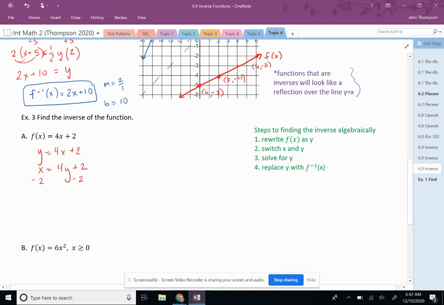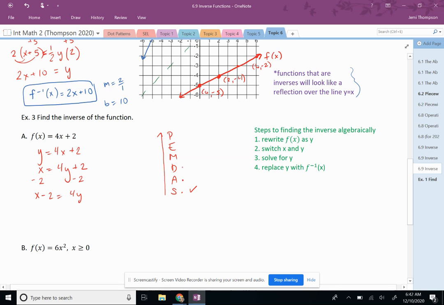And actually, let's go ahead and kind of relate this back to our order of operations. When I'm solving, remember I'm doing order of operations backwards. So to get y by itself, I am looking to try to add or subtract first if possible. I can subtract, so I'm going to go with that. So I subtract 2. Left with x minus 2 is equal to 4y.